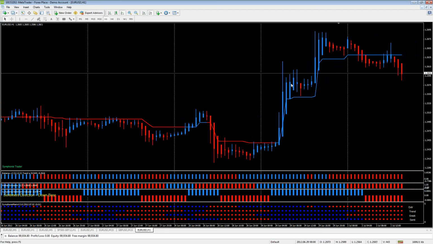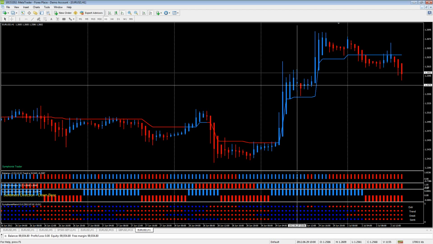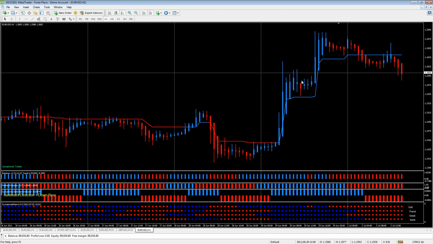Okay, here, for example, we have almost all blue, blue, blue, blue, blue, and although this may be a reversal candle, even here, if I were more conservative, I would probably close my trade, especially after this red candle, because again, you never know if the trend is going to pull back or reverse.